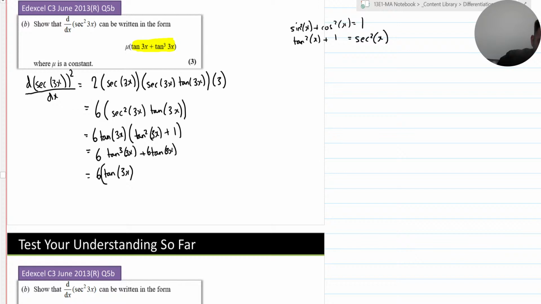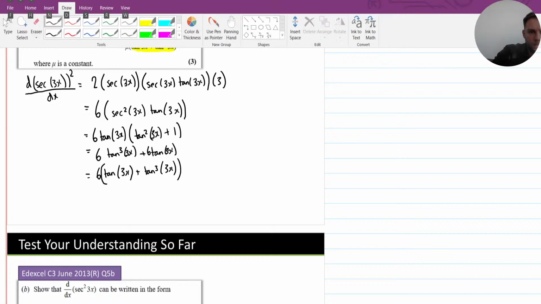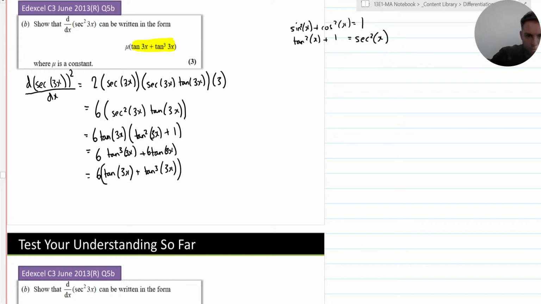Which gives us 6 tan of 3x plus tan cubed of 3x. There we go. So in which case we know that mu is equal to 6.